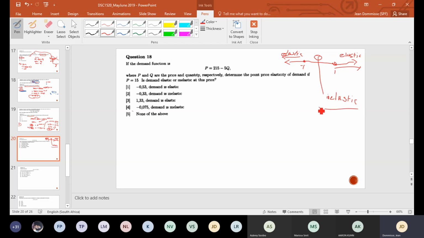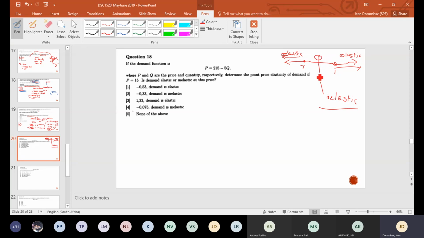If I look at some of these options, hopefully even before we start working with it: -5.3 will sit in this space.